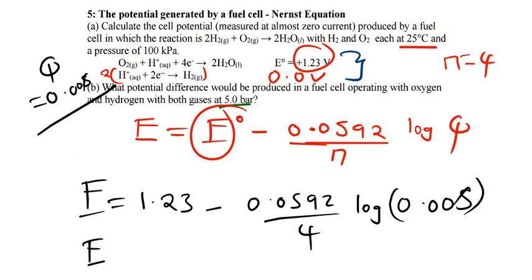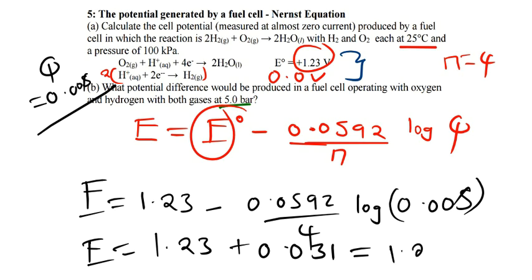So our cell potential will be 1.23 and log of that is just going to be negative 2.1, multiplied by this, which essentially gives us 0.031, which if you add will be 1.261 approximately volts.